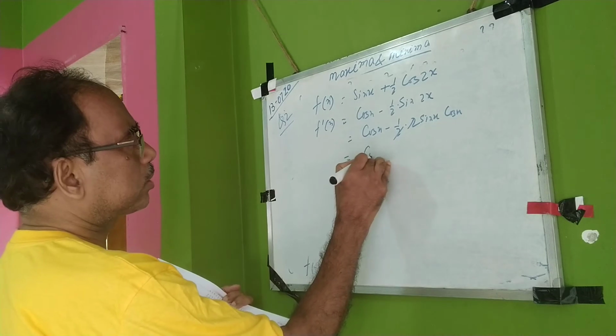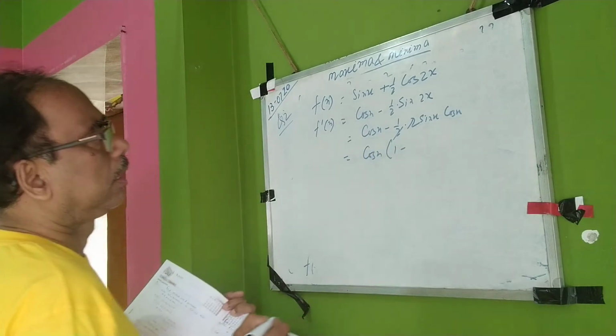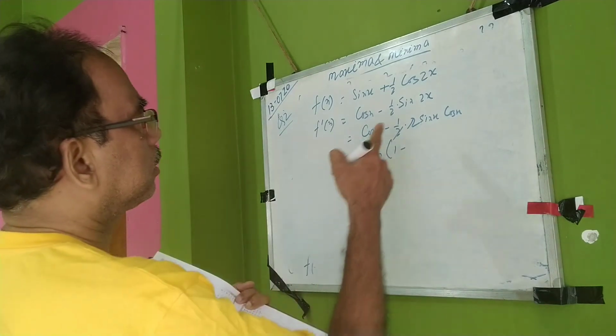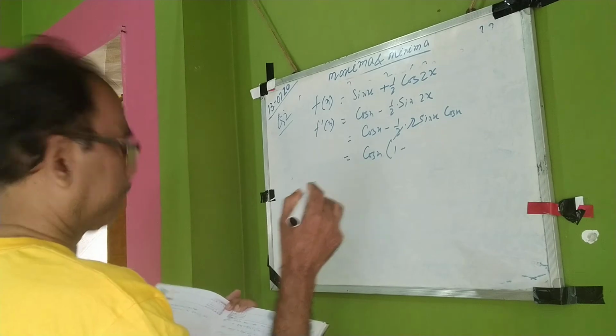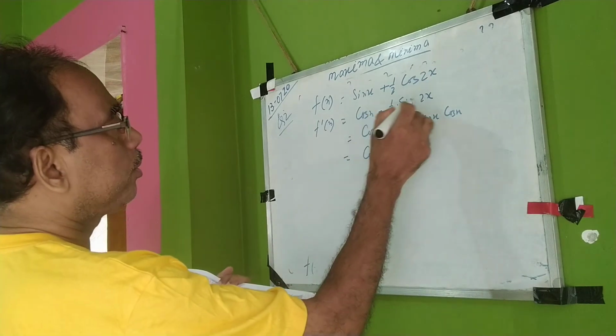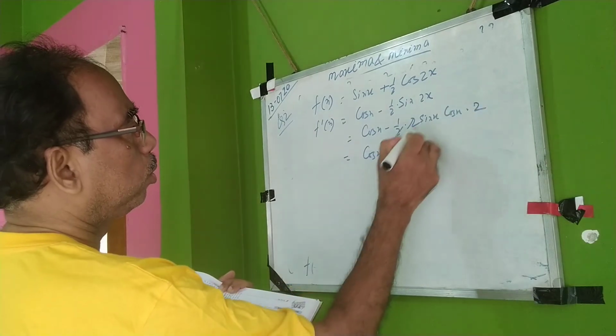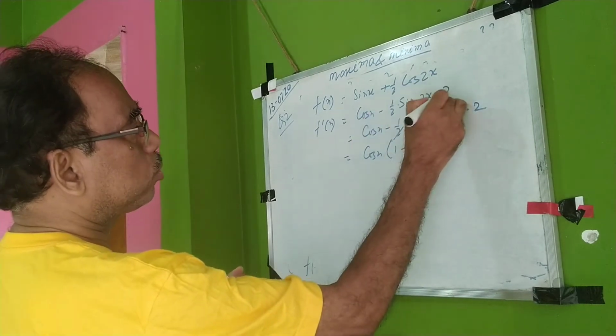We can take cos x common. 1 minus half into 1 minus half into 2 sin x. Half into sin 2x into 2. Sin 2x, cos f dash x, cos 2x into 2.